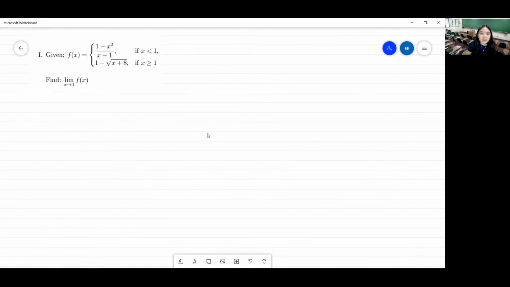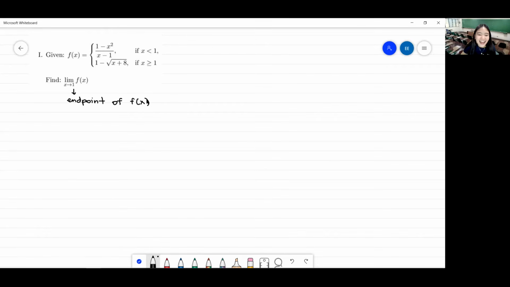However, because this is your definition for f, and it's piecewise, the point 1 is a very special point, because this is where the definition of f breaks. So this is an endpoint of our piecewise function.